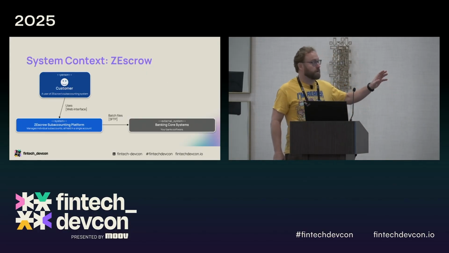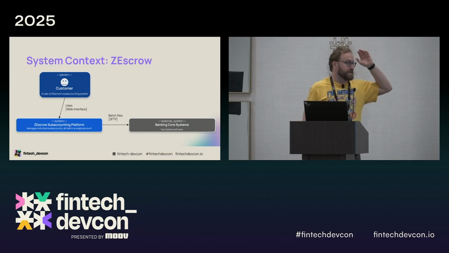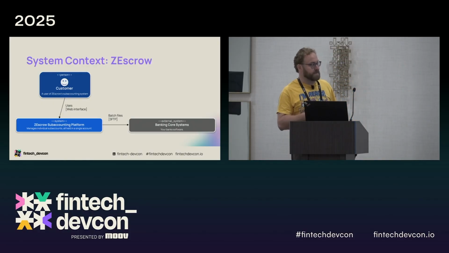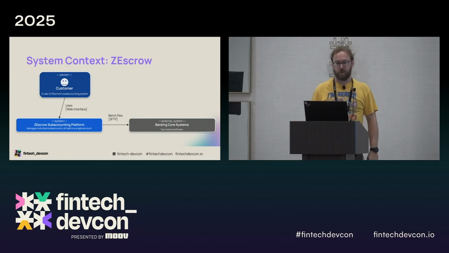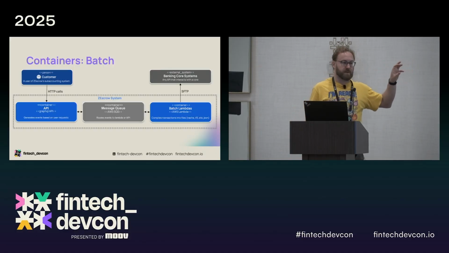This is a C4 diagram, just like system context. From the consumer's perspective, they say, hey, I want to open a sub-account in the ZSGrow system. ZSGrow system ultimately sends an SFTP to the bank core. Core does the transaction. Real simple. Under the hood, it looks a little bit like this. The customer's hitting the container, which is our ZSGrow API.